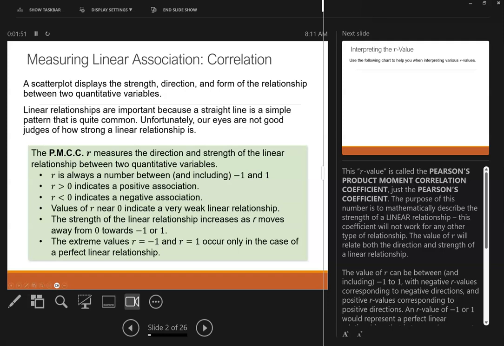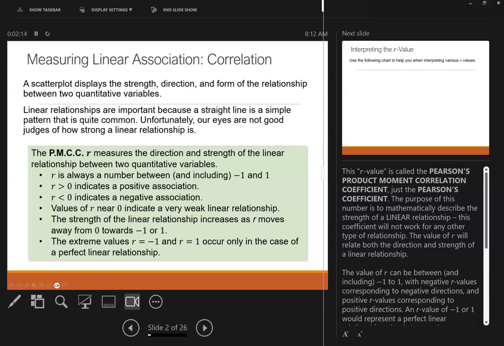The closer we get to 0, the linear relationship weakens. So your weakest possible linear relationship is at 0. And the strength of the linear relationship increases as we move away from 0. So your most linear relationships are at -1 or at +1.